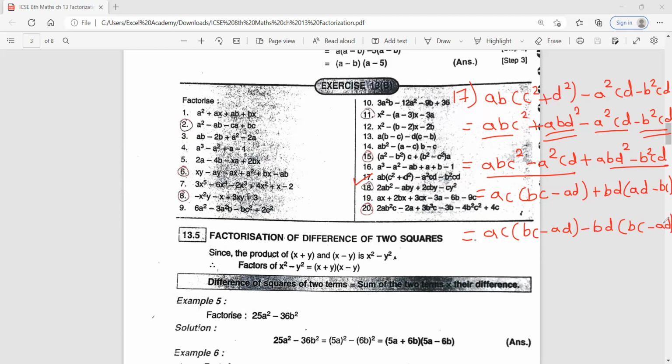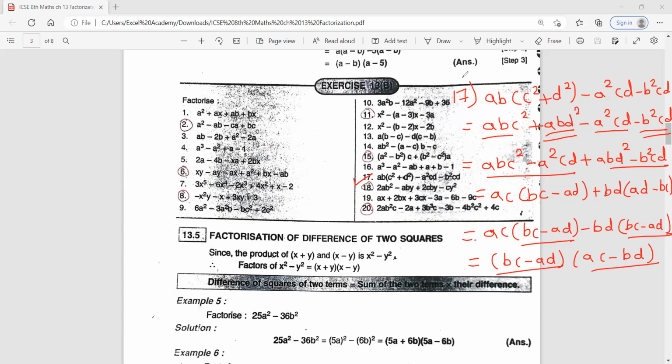We only changed the sign. Do you understand? Right? Now we can take BC minus AD common in one bracket, and in another we get AC minus BD. Correct? So these are the two factors.